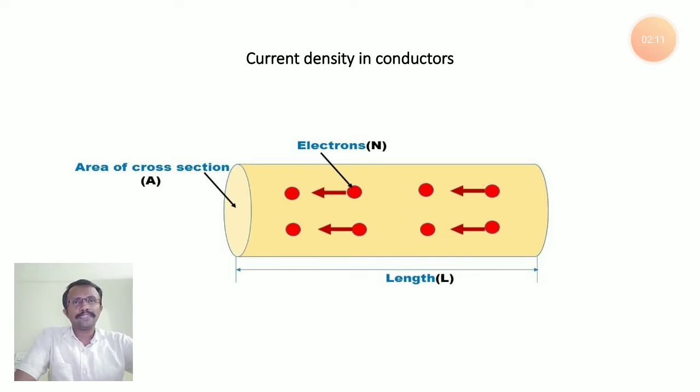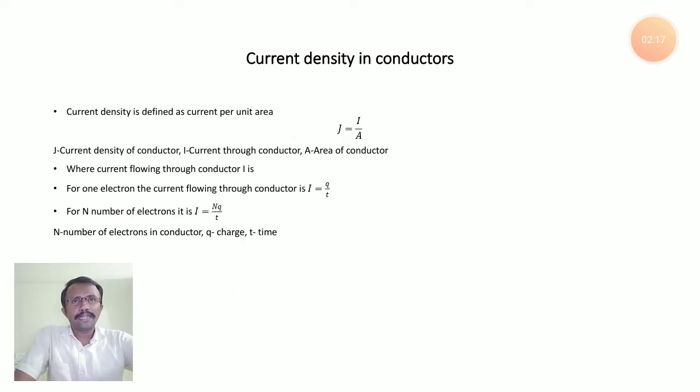Current density is defined as the current per unit area. It is denoted with capital J. The current flowing through the conductor is denoted with capital I, where A is the area of cross section of the conductor. So J is equal to I by A, current per unit area.